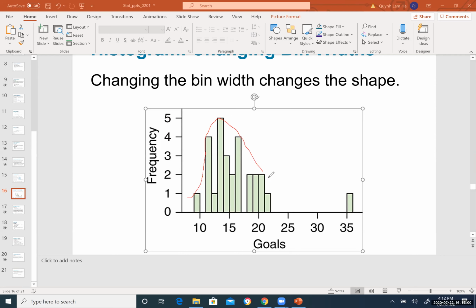This we call unimodal, but skewed to the right, because we have one outlier to the right here. That's why we call it a bit skewed to the right. All right. Let's move on to the next slide.